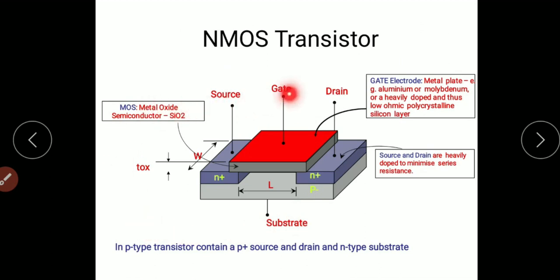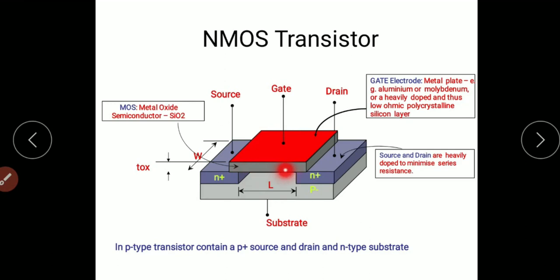If you take a simple NMOS transistor structure, it looks like this. In an NMOS transistor, here is the substrate. The substrate is a P type substrate you have to take. After that you have to develop the gate terminal.